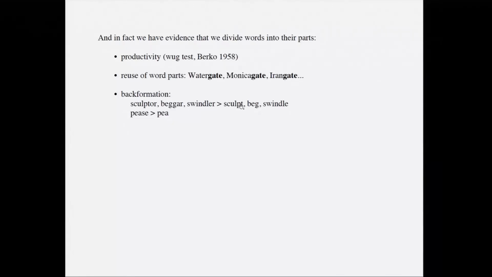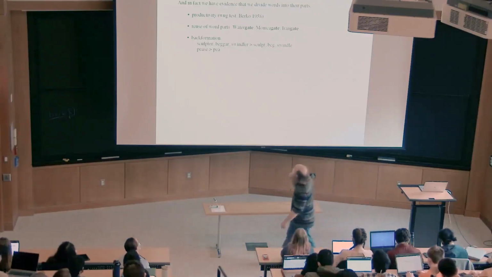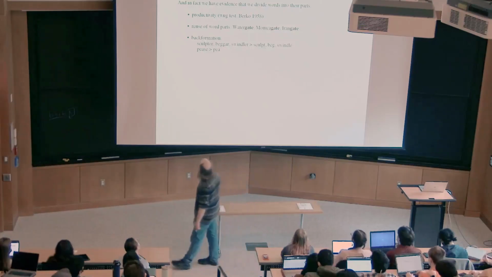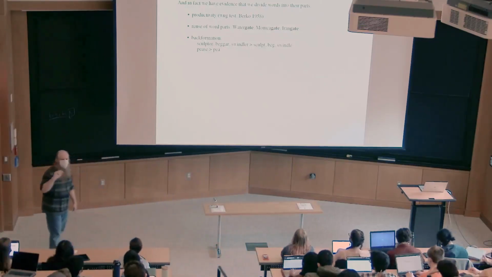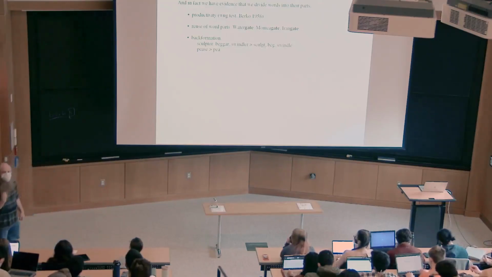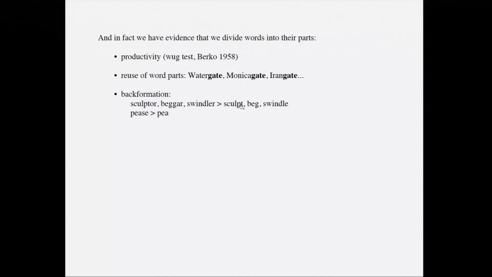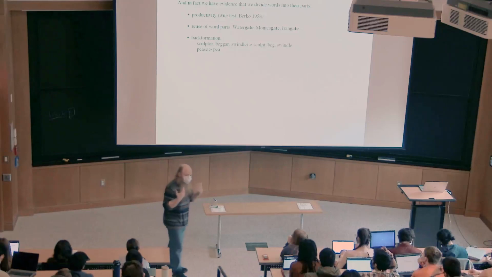Other examples in the history of English, there are words like sculptor and beggar and swindler, which entered the language as nouns. So sculptor is from a Latin verb. It involves a Latin suffix tor, which is used to create people who do things. And beggar and swindler, similarly, it's an accident that they end in -er.